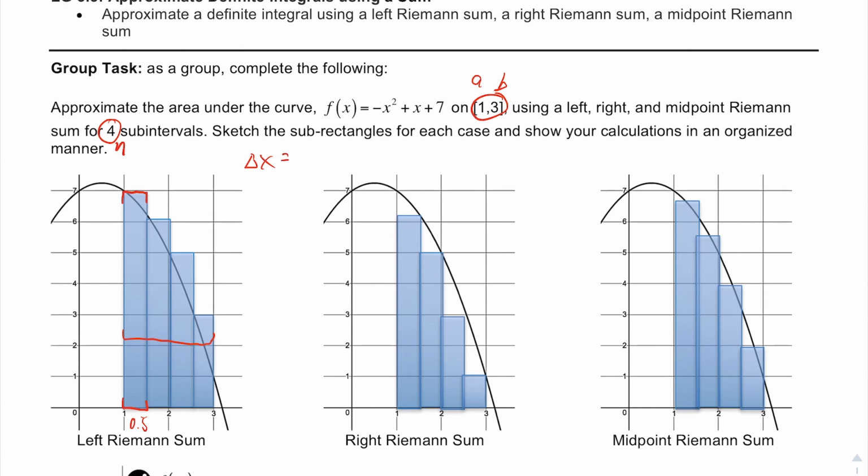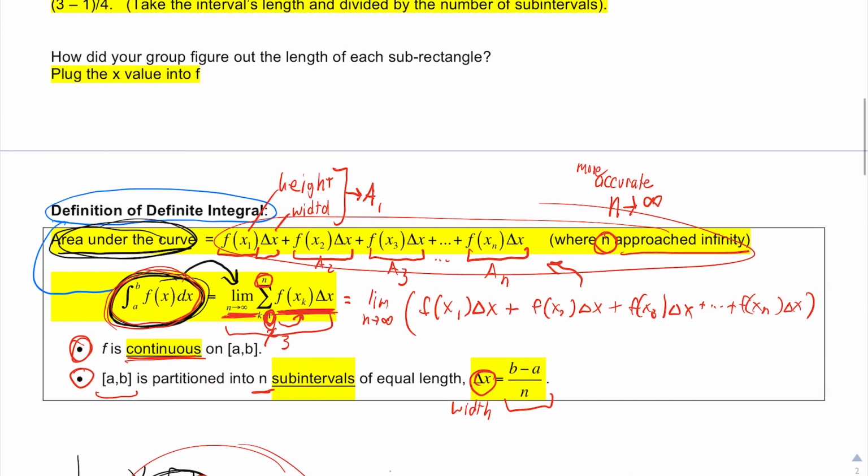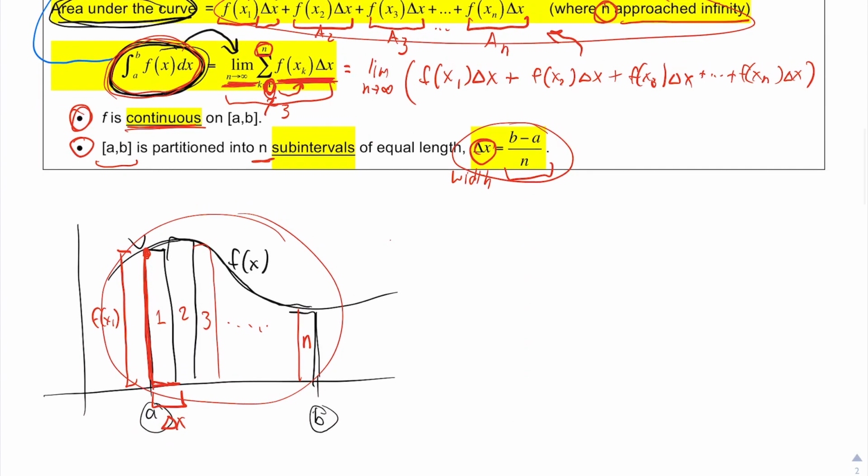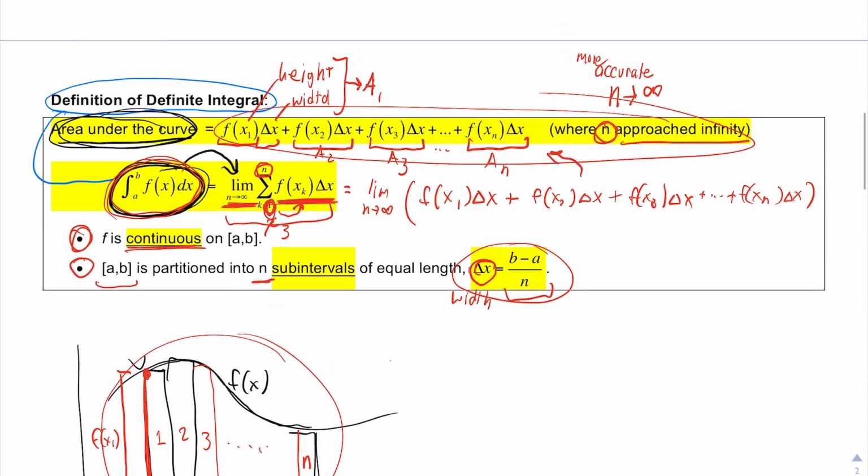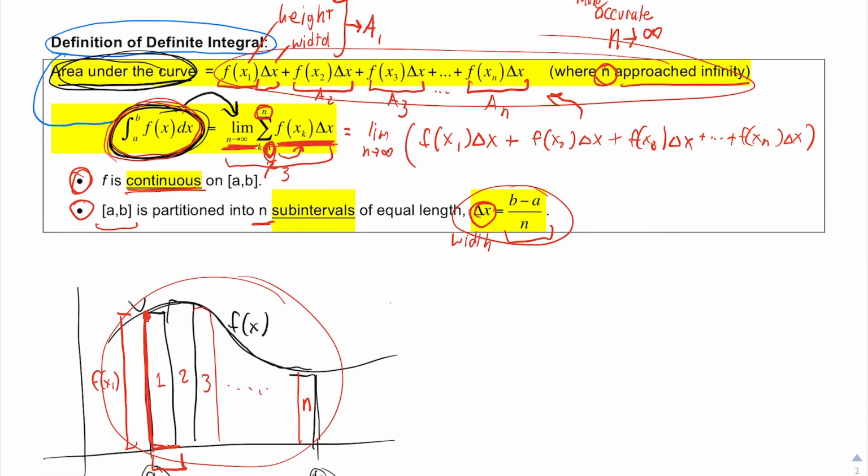So the width is the total distance, b minus a, over the number of rectangles, right? What's the distance between 1 and 3? It's 2, right? 3 minus 1 equals 2. But we want to divide it into 4 parts. Hence 2 over 4 is 0.5. Okay? So that's what this is. It's very helpful to help us figure out what the width of each rectangle is going to be. And there you go. This is the definition of the definite integral.